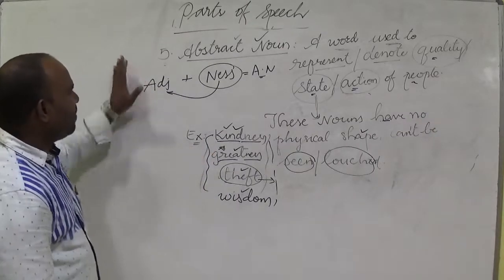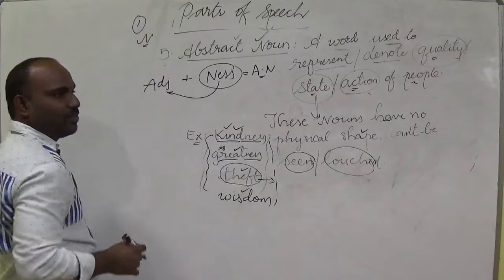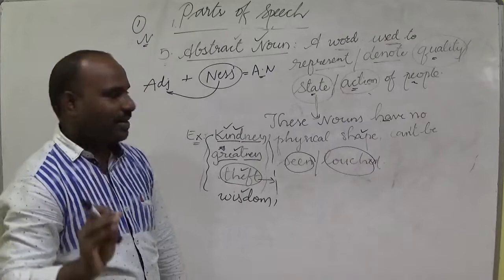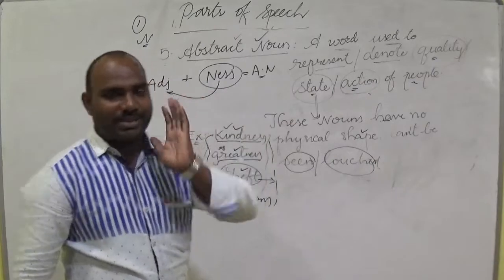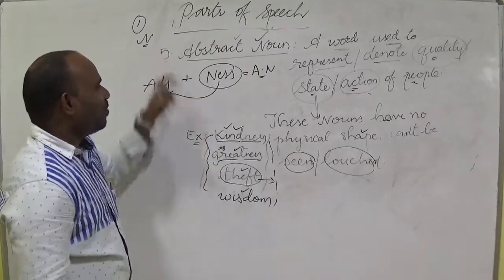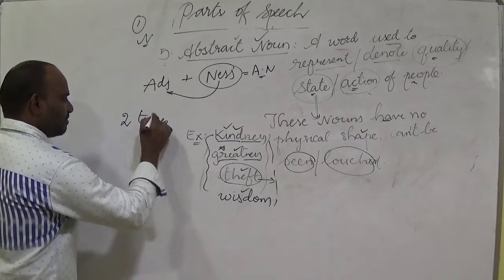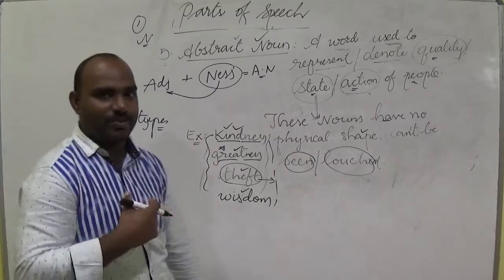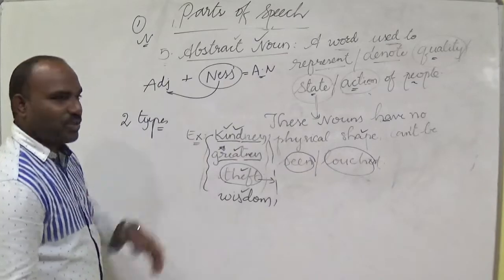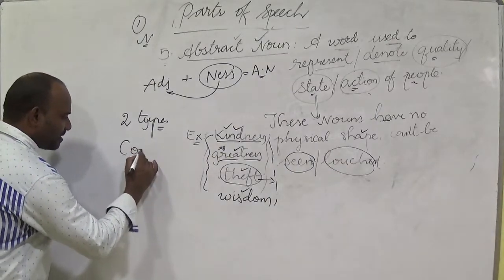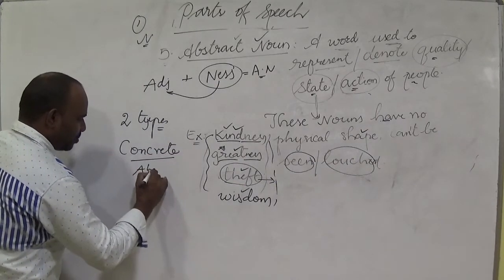So far we have completed the first topic of parts of speech, noun. We have seen common noun, proper noun, collective noun, material noun and abstract noun. In a simple way, we can also say nouns can be of two types: concrete noun and abstract noun.